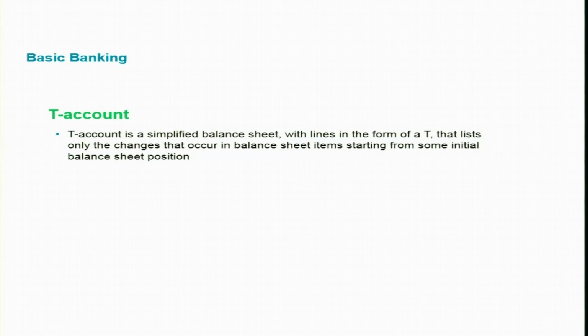A T account is a simplified balance sheet with lines in the form of a T that lists only the changes that occur in the balance sheet items, starting from some initial balance sheet positions. Using this T account, we will now see how a bank functions and what the basics of banking are.